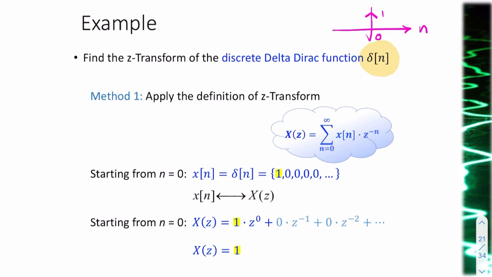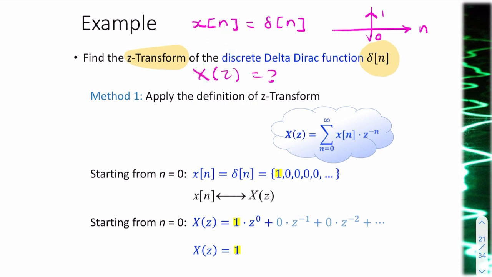So if that was my signal, what's the zTransform? When asking about the zTransform, what we're asking is, if we say x of n is delta, then what's x of z? Notice we're using uppercase X and n becomes z.